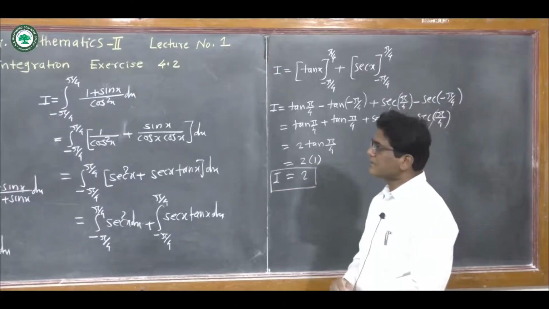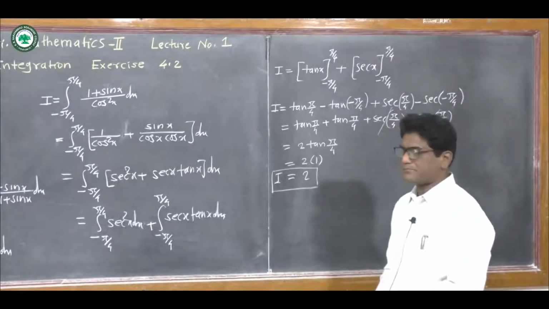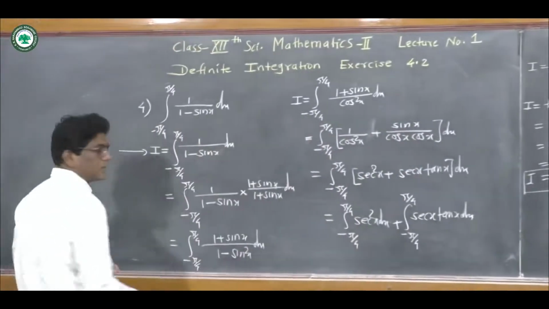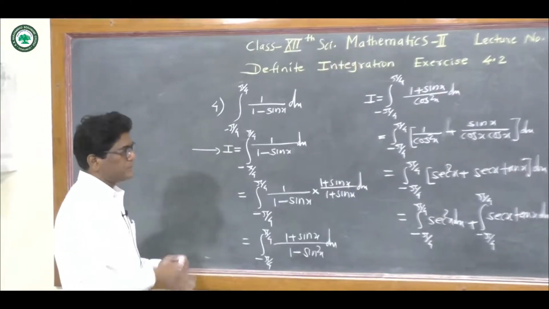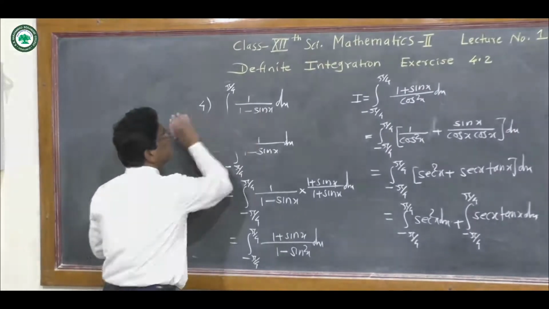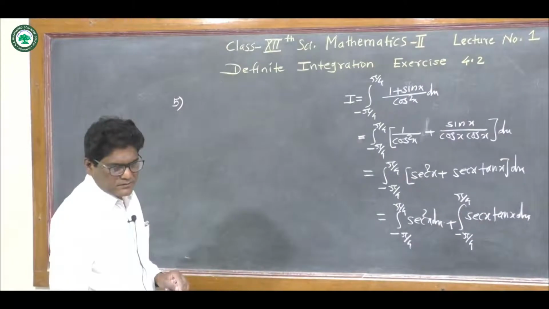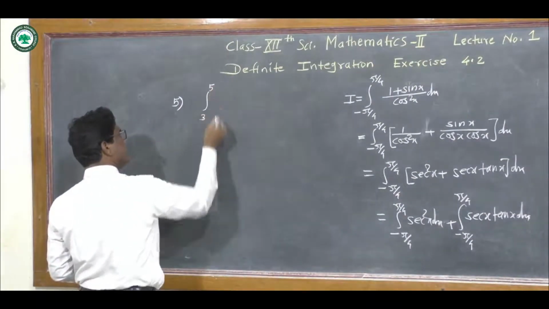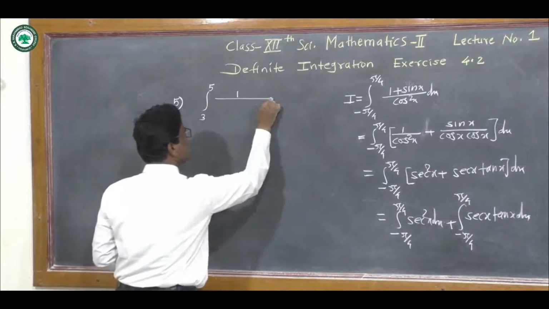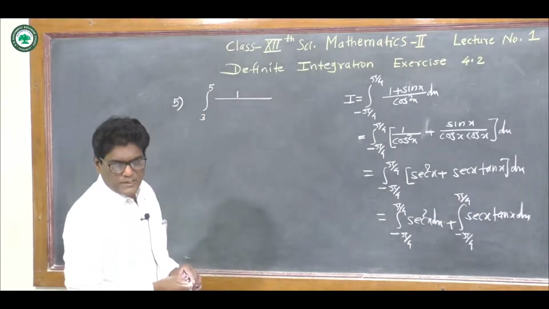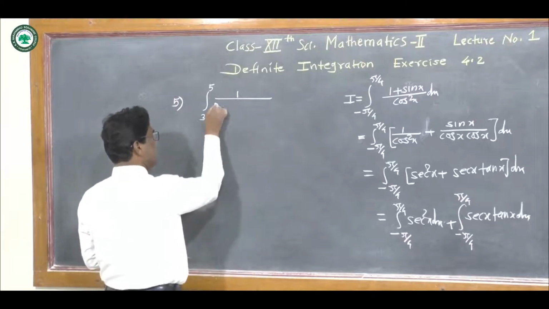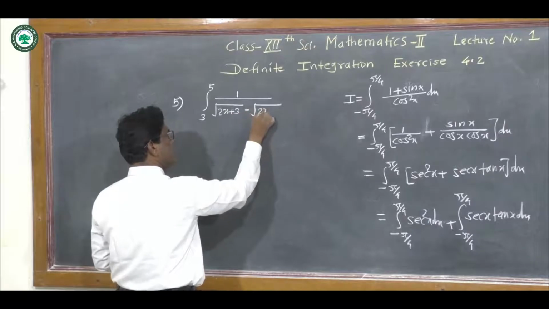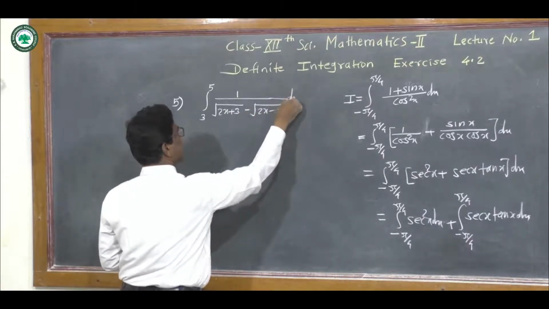Take the screenshot. Now here we see the fifth problem. Fifth problem, integration 3 to 5, 1 upon under root of 2x plus 3, minus under root of 2x minus 3 dx.